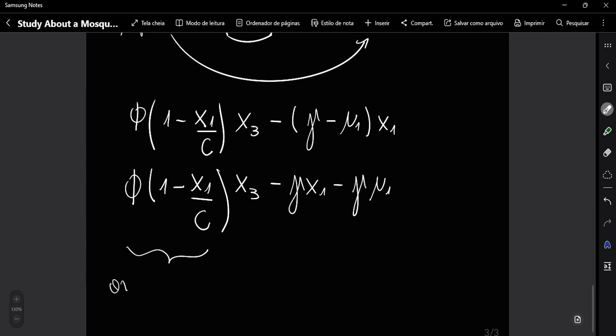Okay, so again, this is the oviposition rate, and this x3 is the fertilized females, and because of this we are multiplying these two variables.